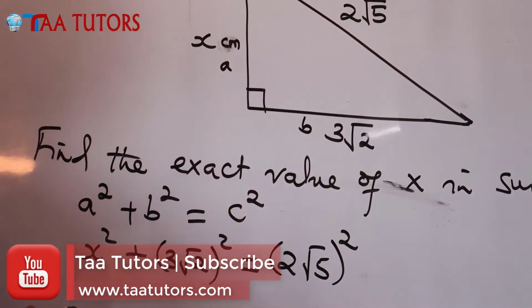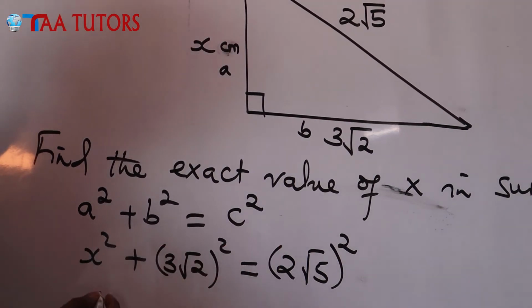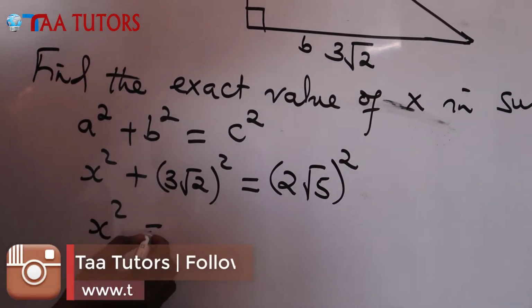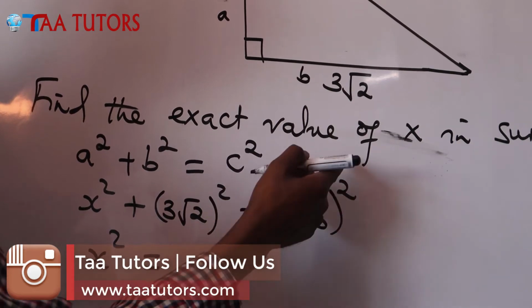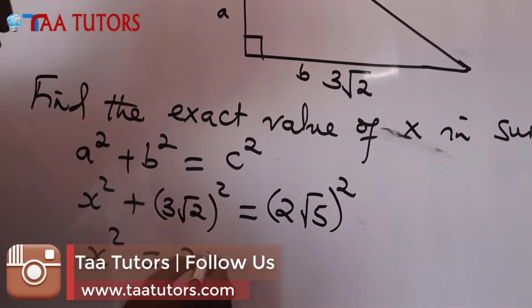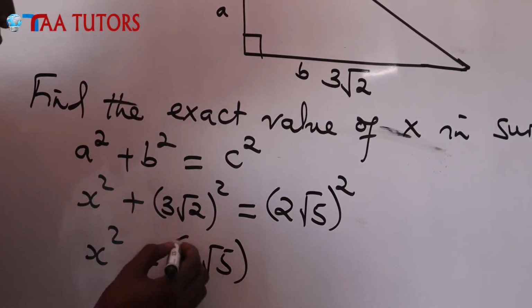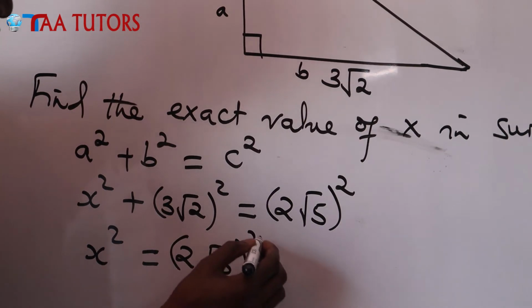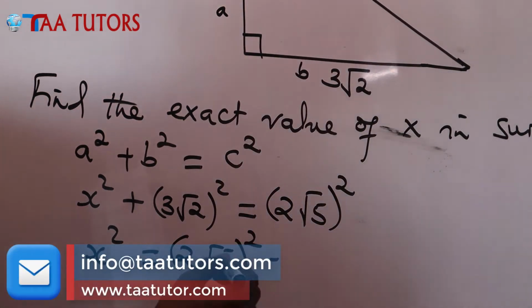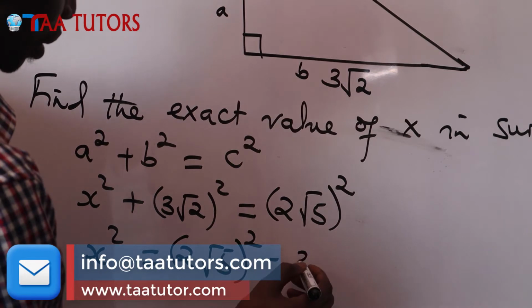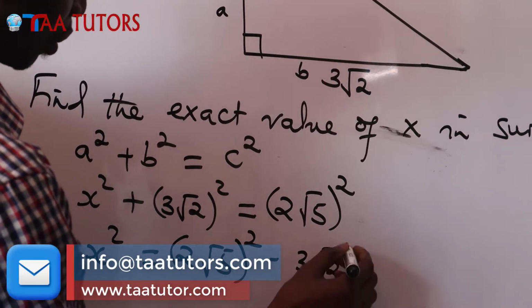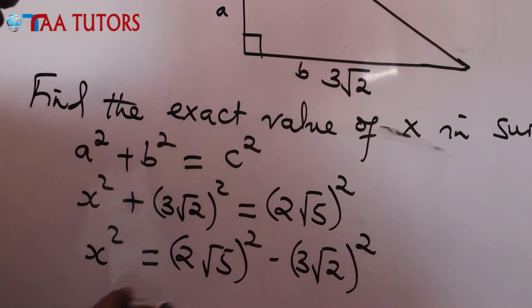So if that's what we need to get, X squared here will be 2 surd 5 squared minus 3 surd 2 squared.